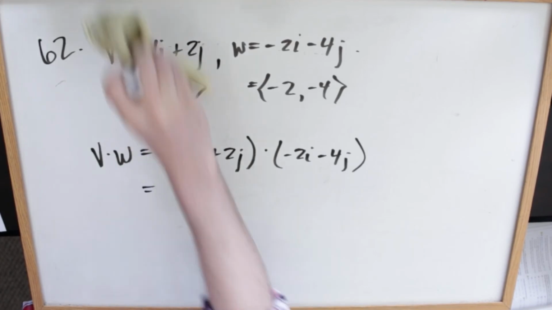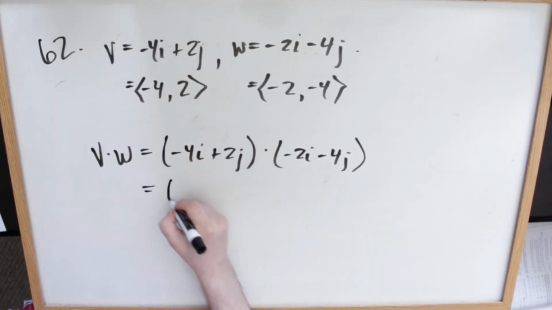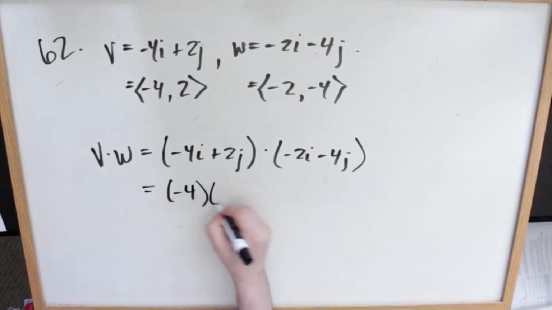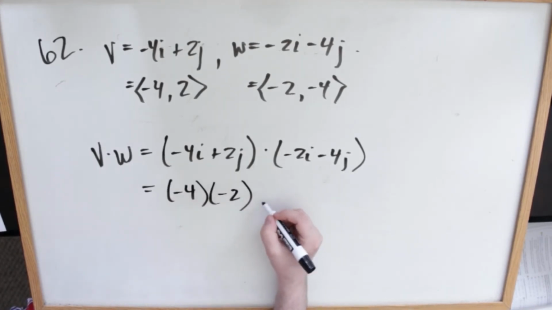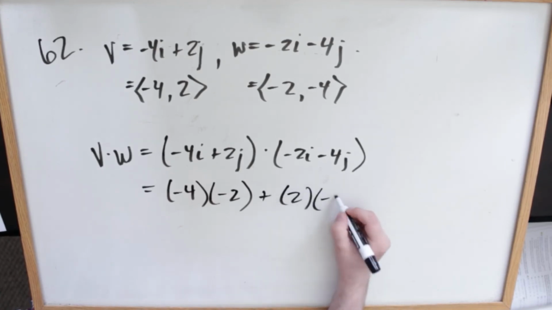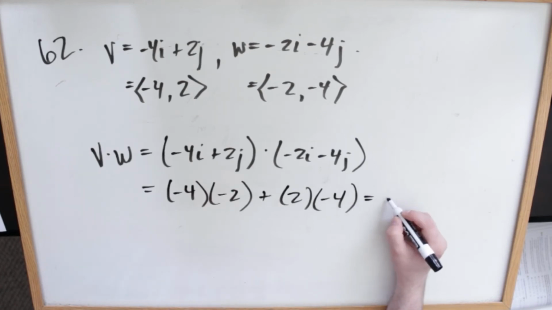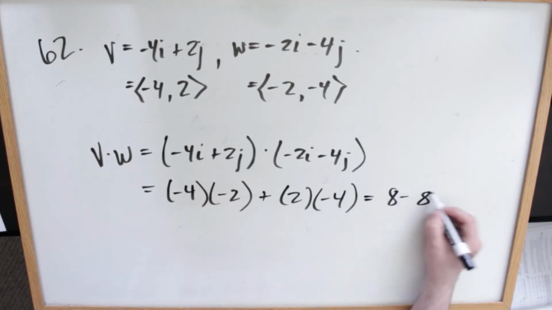It's actually just going to be a number. Sorry, let me backtrack. Minus 4 times minus 2, and I'm adding a 2 times a minus 4. Okay? So this is the same thing as 8 minus 8, which is equal to 0.